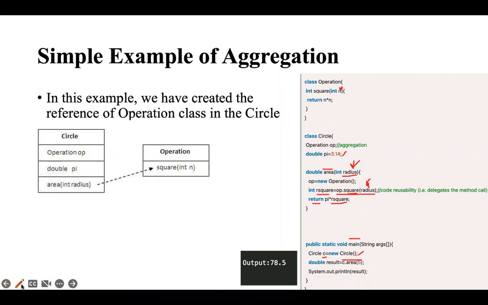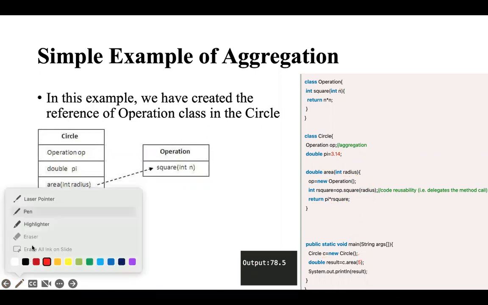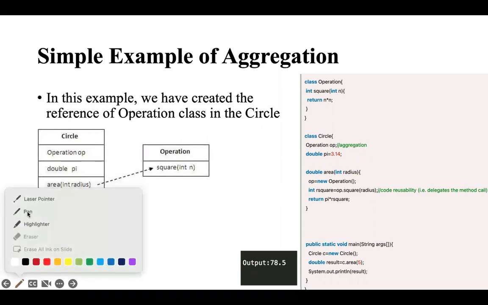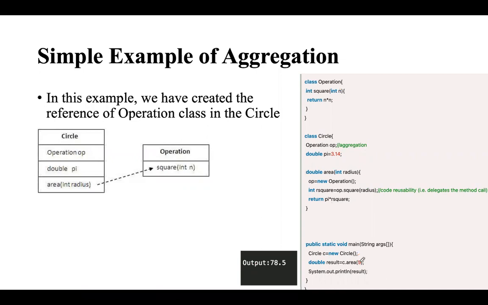So this 5 will go into this radius, and then this 5 will go here into the square. I will call this square method. 5 will be copied into this n. 5 multiplied by 5, it will be returned here, 25.